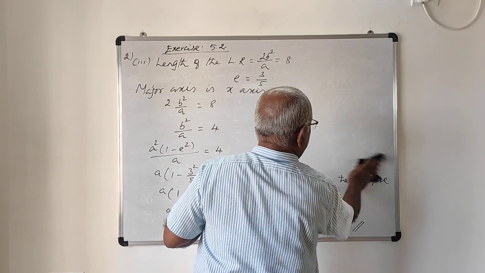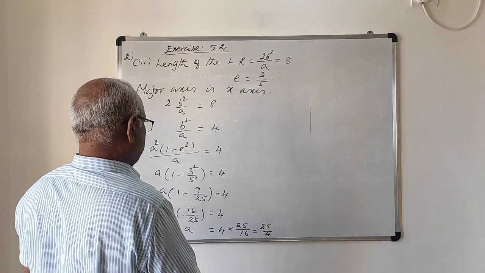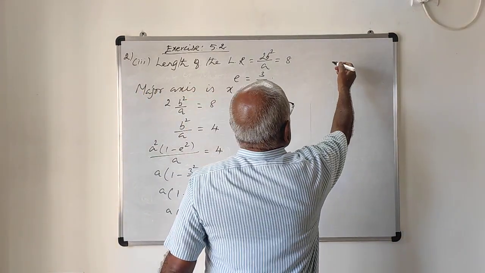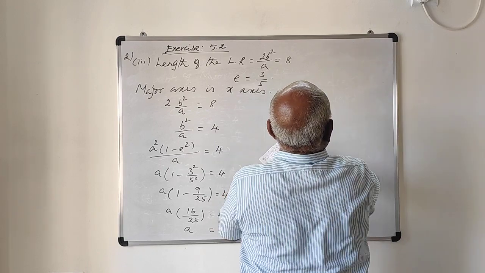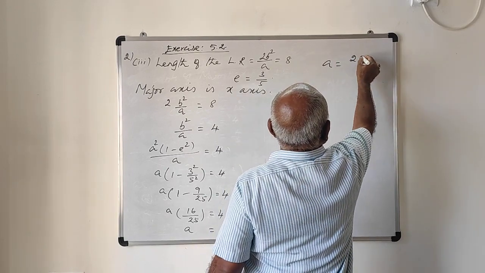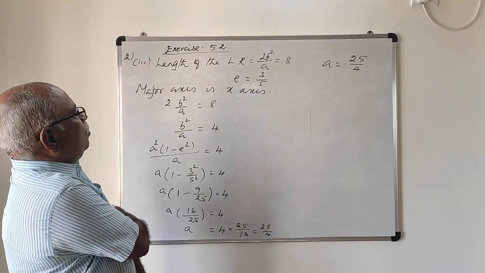For this problem, we determined a, that is a is 25 by 4. From this we can determine b square.